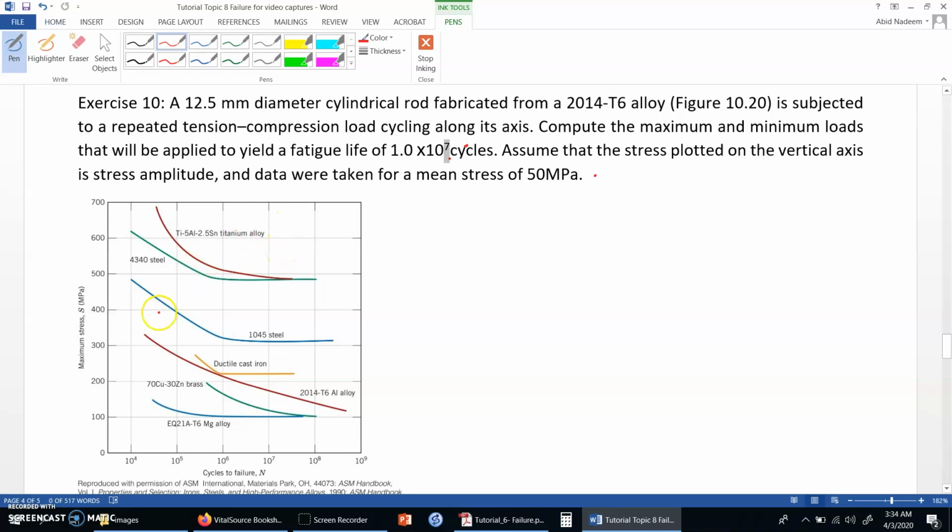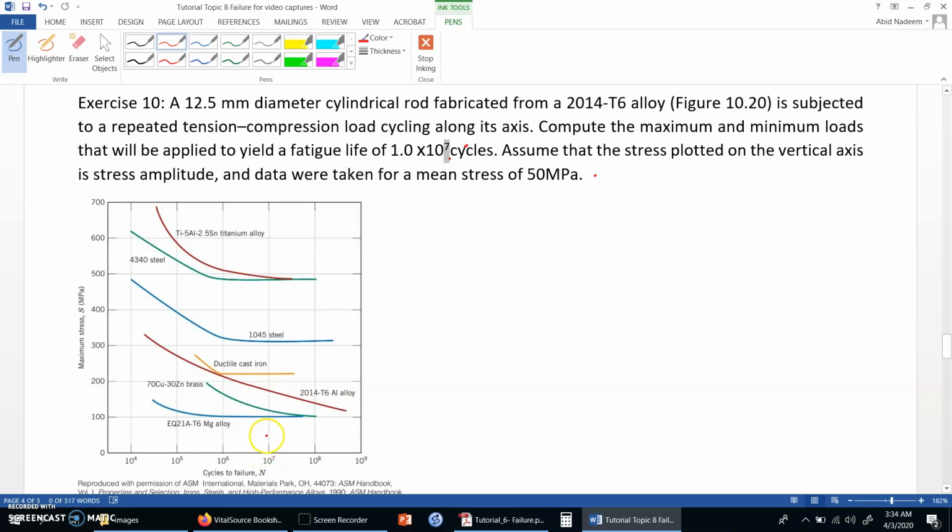So this plot for the stress versus cycles to failure has been shown over here, although the values shown over here are for maximum stress, but let's take it for the stress amplitude. So 2014 T6 alloy is here, and its fatigue life is taken as 10 to the power 7.